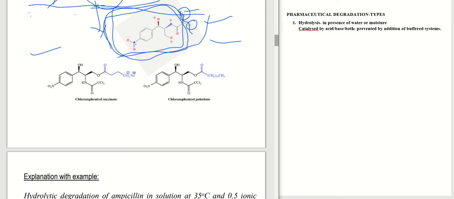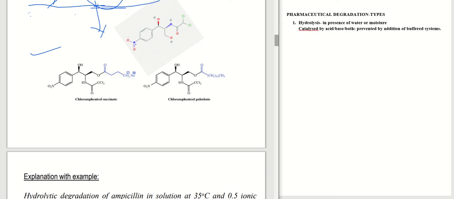See, this portion is modified with sodium succinate, succinic acid plus sodium salt, to make it a soluble product. So when this molecule is exposed to a degradative atmosphere, only this part will undergo cleavage. Our moiety which actually has the activity will remain as such. So there will be no chance of losing the activity.